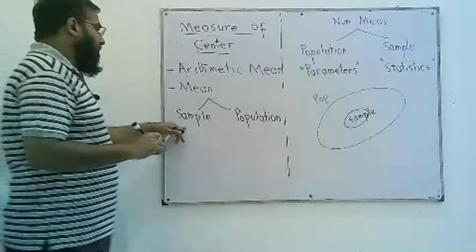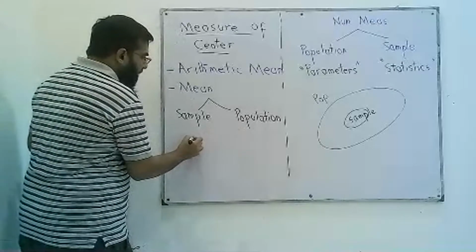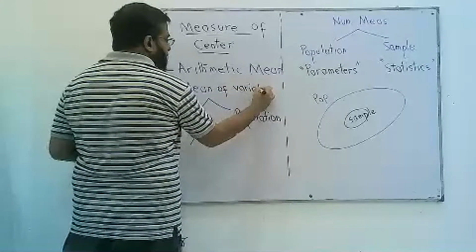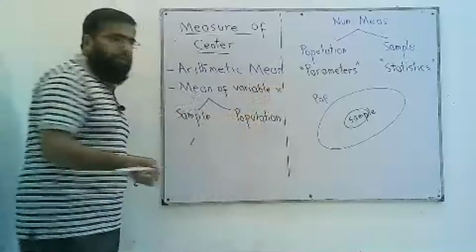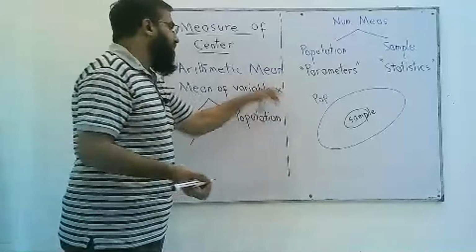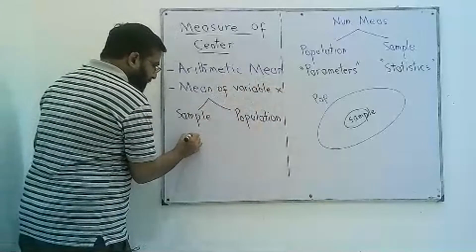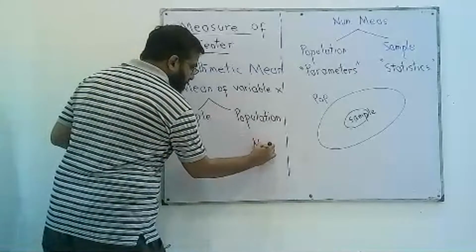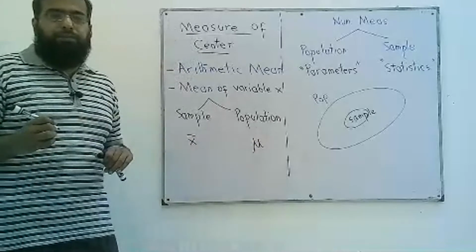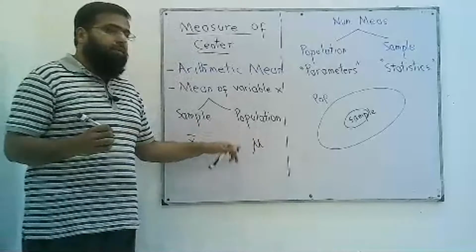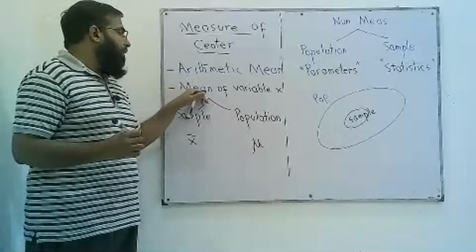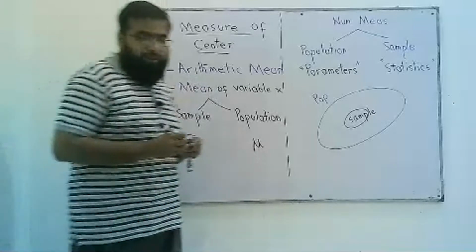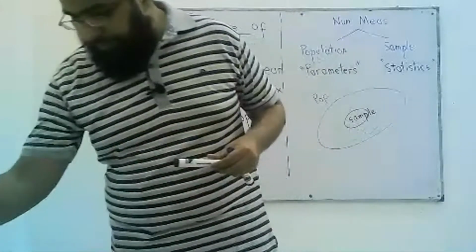Let's give the name x to the variable. For the sample, the mean is x bar. For the population, the arithmetic mean parameter is mu.